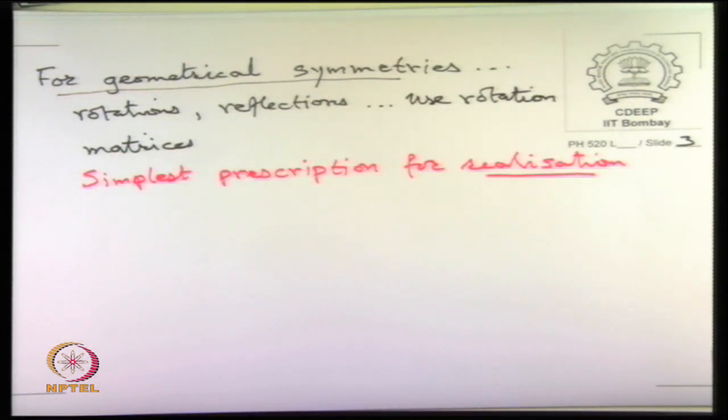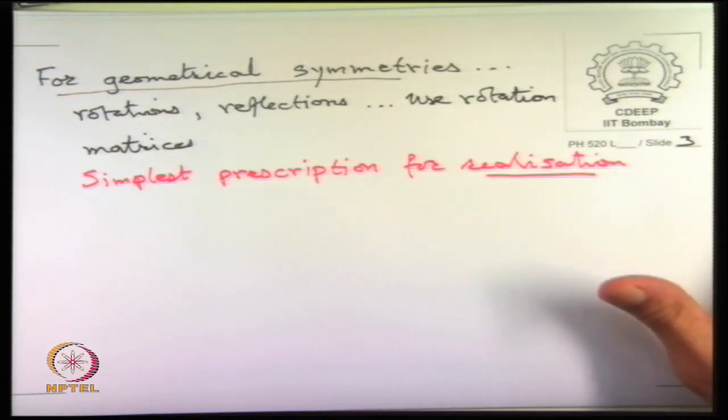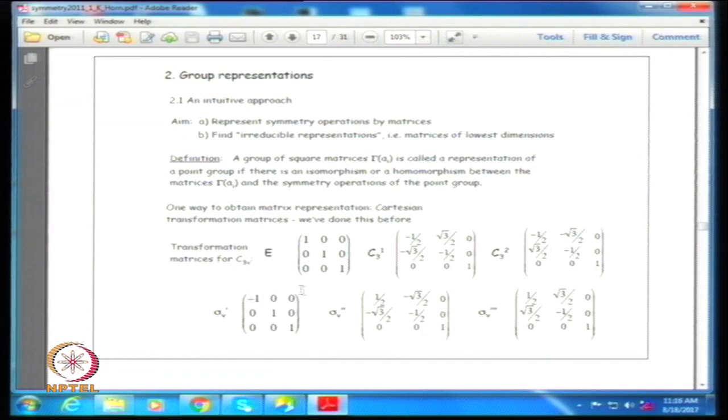So as a first example, and since I have these slides, I will put up these slides. K. Horn, all his affiliation is there. So here is the set of matrices. Remember the triangle, an equilateral triangle, you can rotate it and you can also flip it along its altitudes.